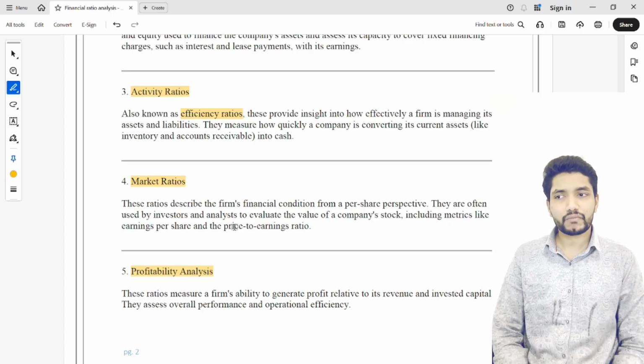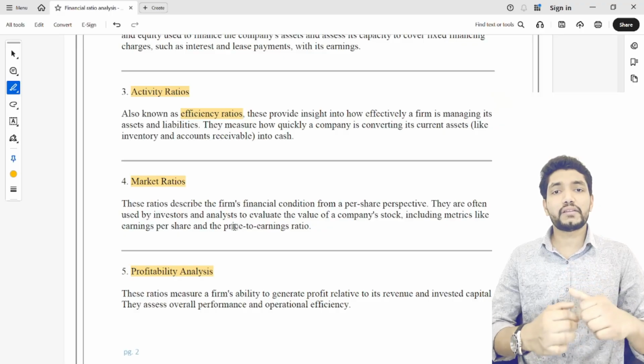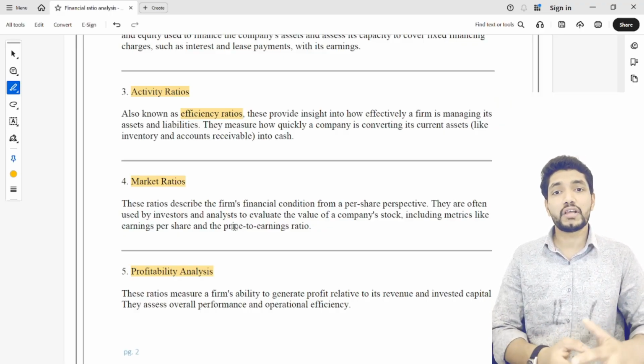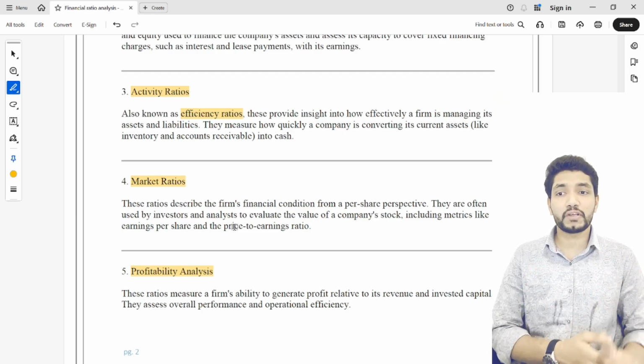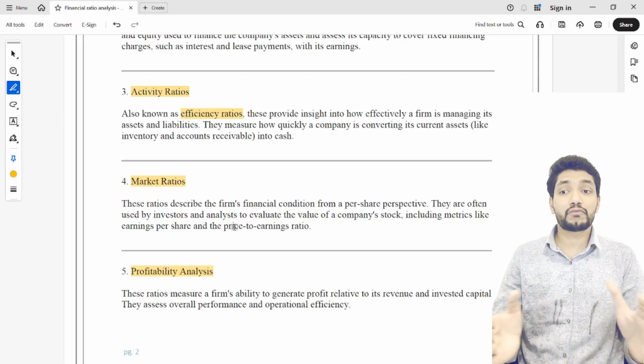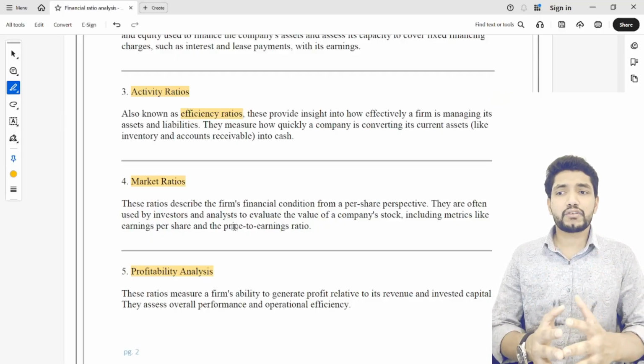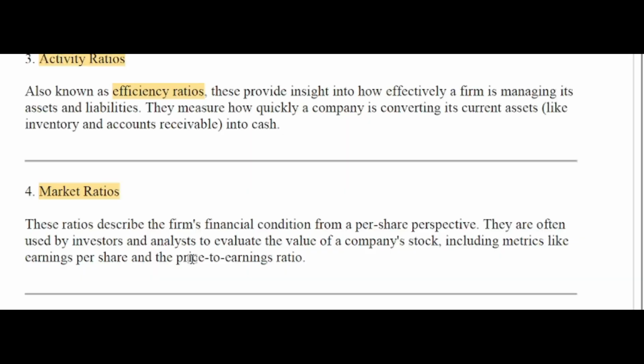Market ratios provide this insight, the return prospect of the company, and also let me compare one company's performance with the similar industry standard or similar companies.